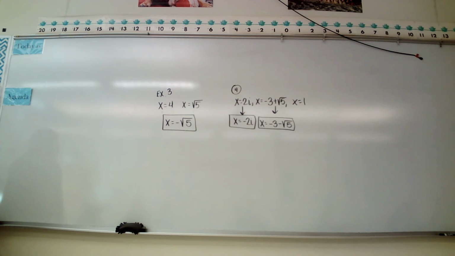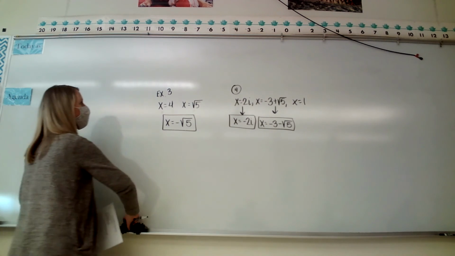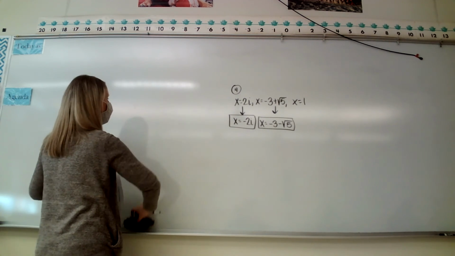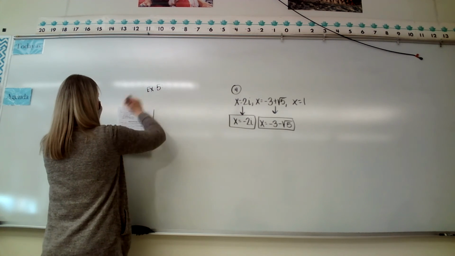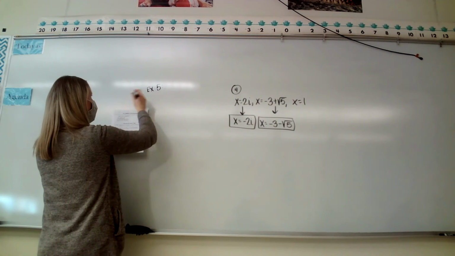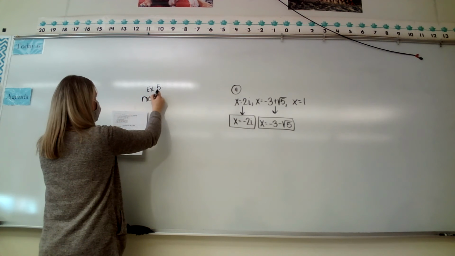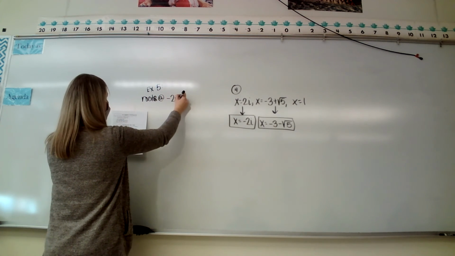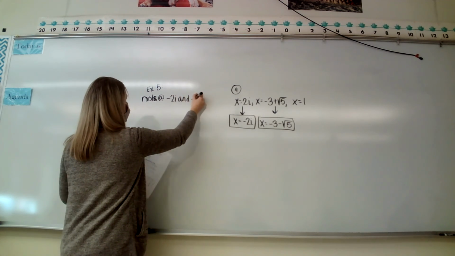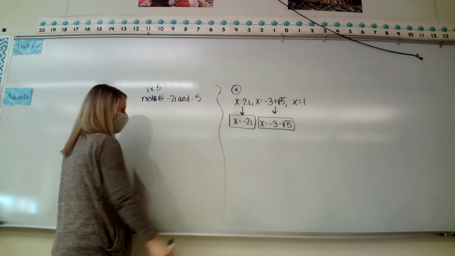All right, so then example 5. Example 5 is on the next page. It says find a cubic polynomial with roots at negative 2i and negative 5. So here's how you kind of organize yourself.